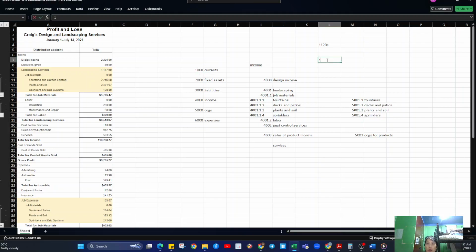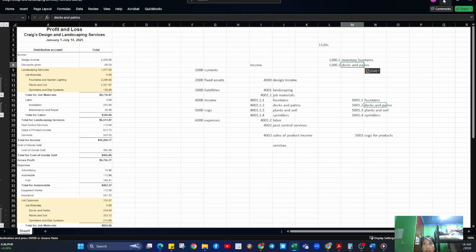Could be 1,2 for inventory of fountains. Like, we would put here inventory fountains, but we have to put here 1,2.1 and then 1,2.2 for decks and patios.